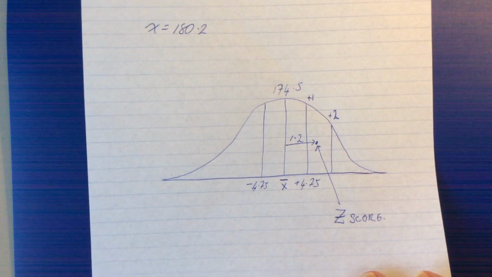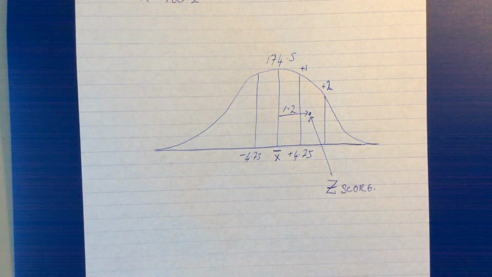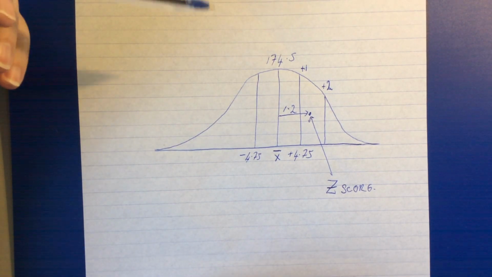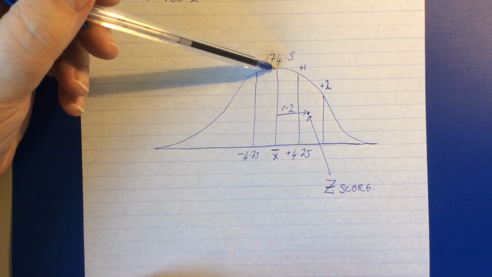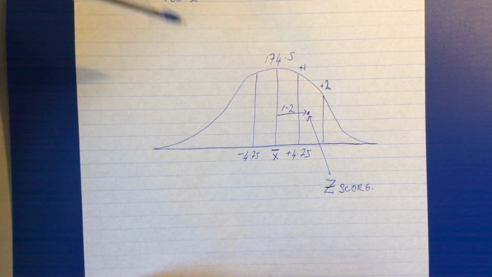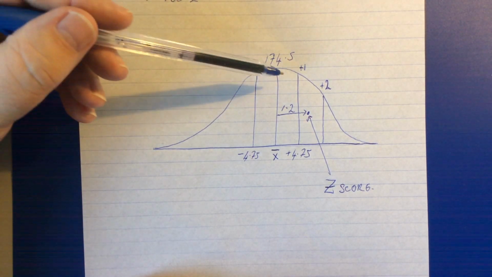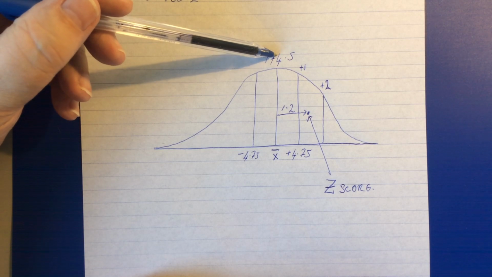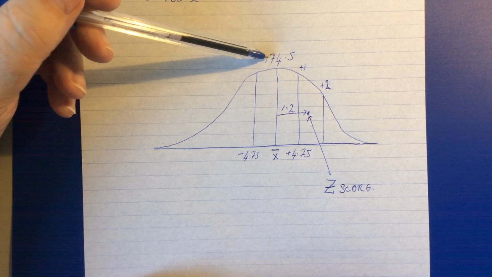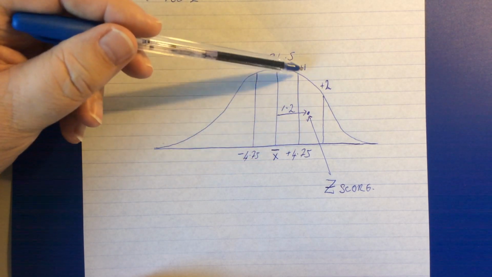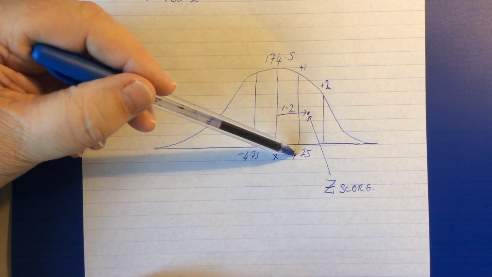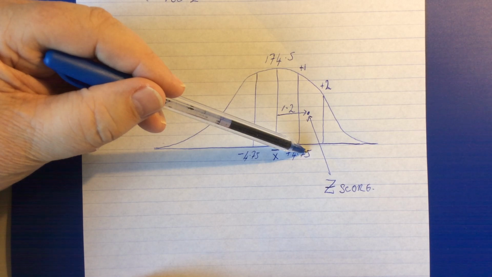Okay, looking further into this problem, I thought I might illustrate it for you. So the problem that we see illustrated here is exactly the problem that I outlined. So the mean height of people in this group was 174.5, and the standard deviation, one standard deviation added 4.75 centimeters to that.